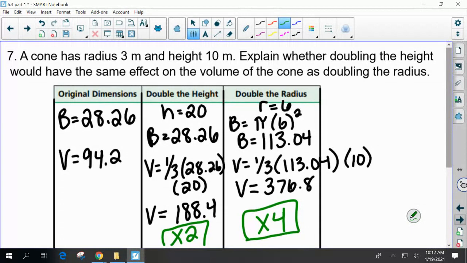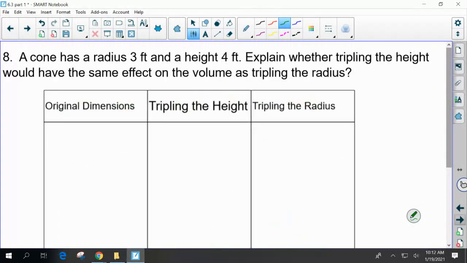Okay, so let's look at tripling. So a cone has a radius of 3 and a height of 4. What are the original dimensions? If something has a radius of 3, what's the area of the base? We've calculated this several times. 28.26.